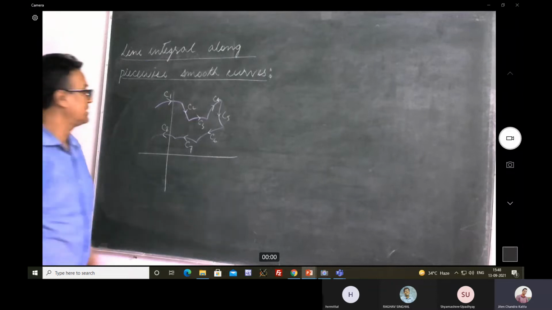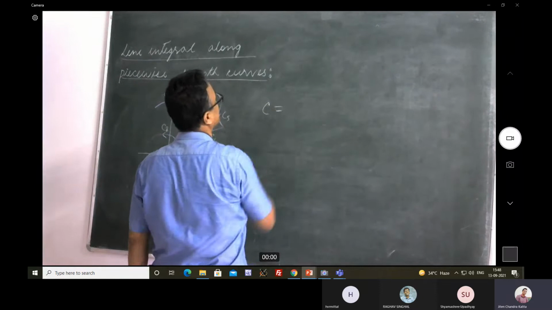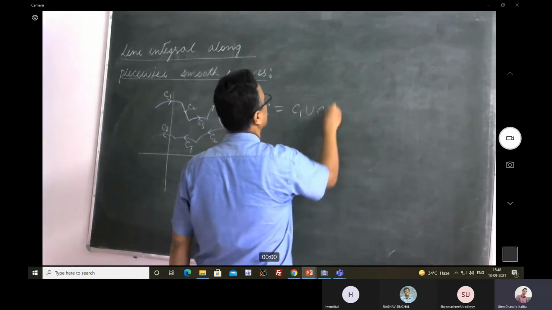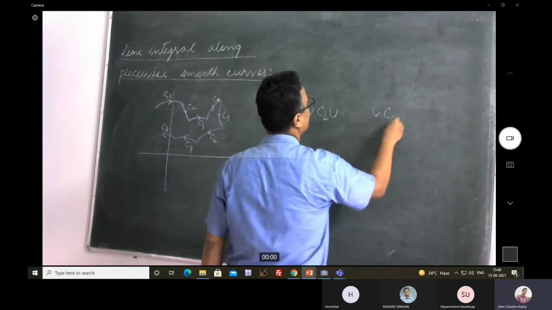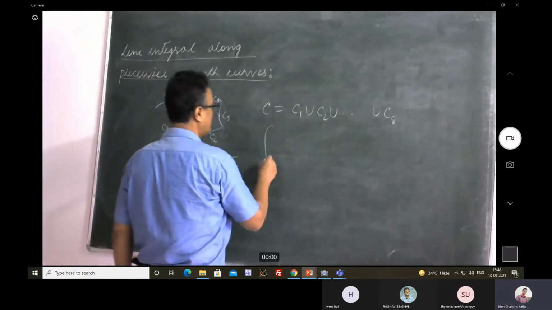In this particular case, you can see that C is nothing but the union of C1, C2 up to C8.